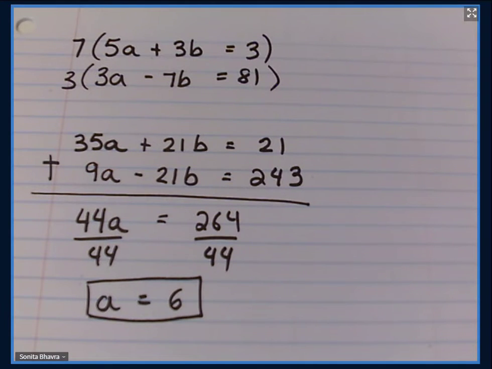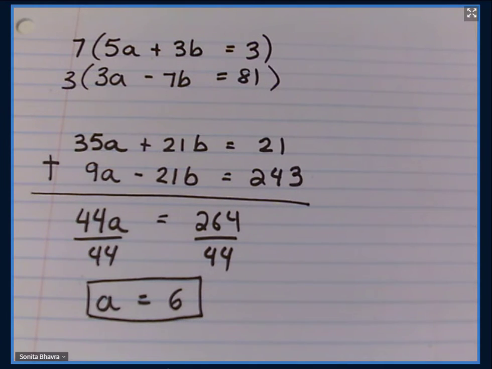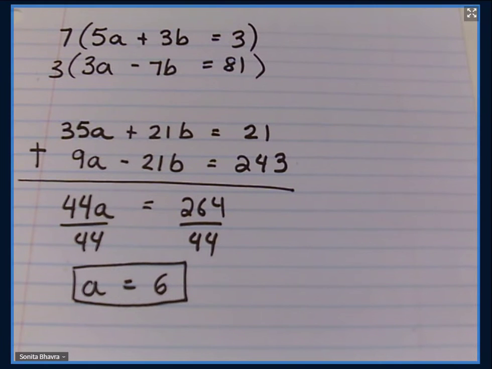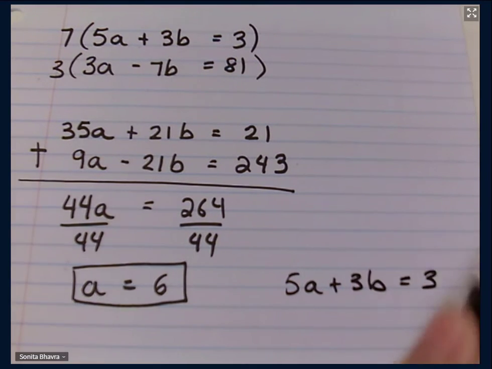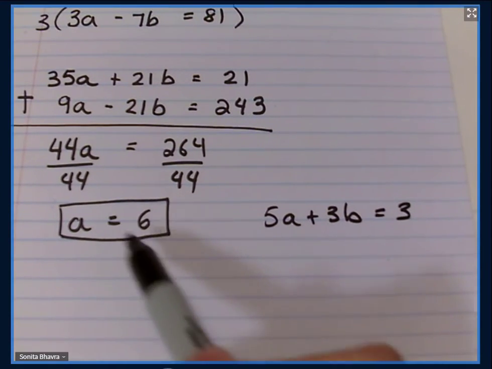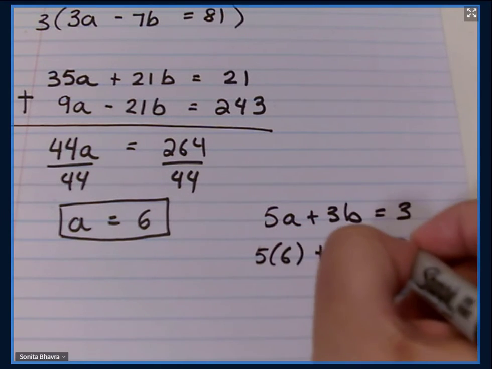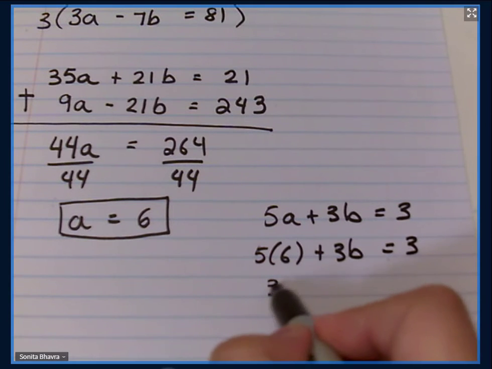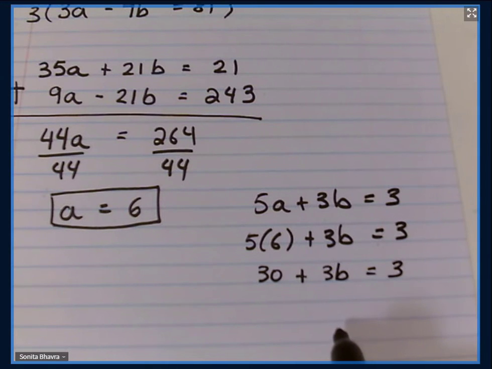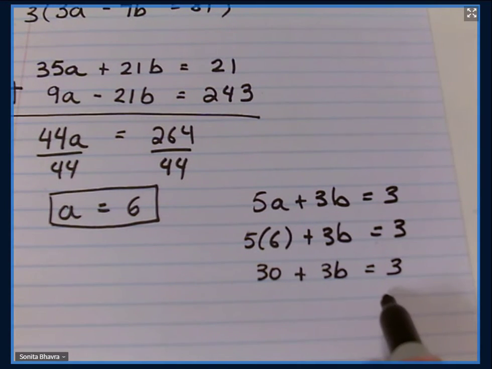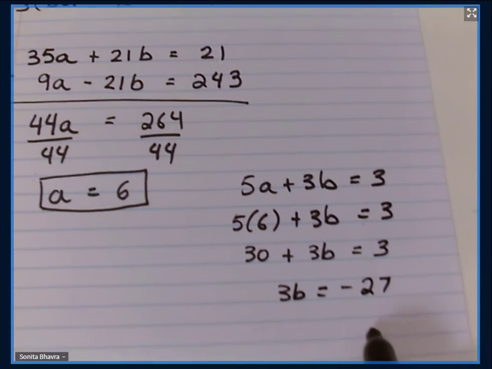You can put a into either of the original equations. I'm just going to use the first equation, 5a plus 3b equals 3. We know our value of a is equal to 6, so 5 times 6 plus 3b equals 3. 30 plus 3b is equal to 3. Subtract 30 on both sides: 3 minus 30 is negative 27.